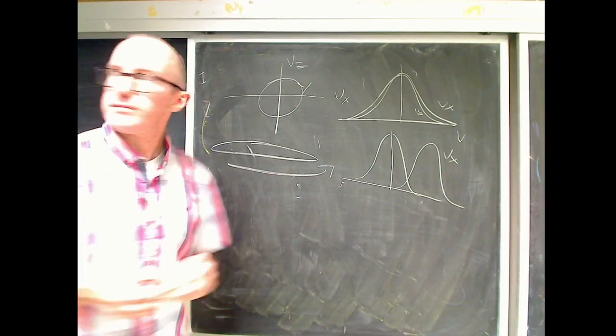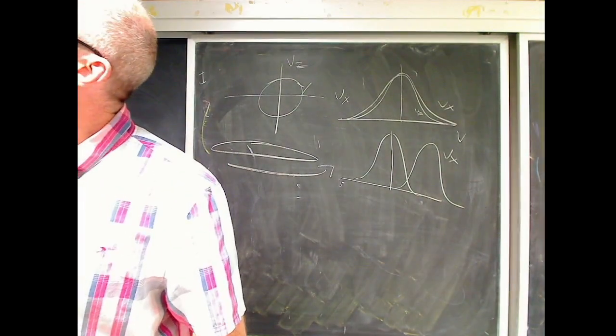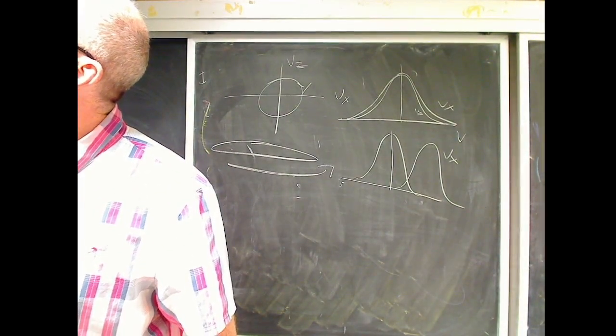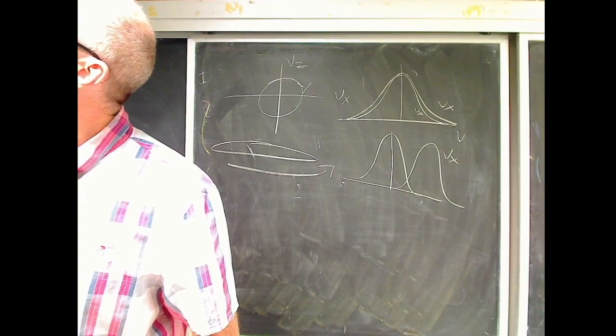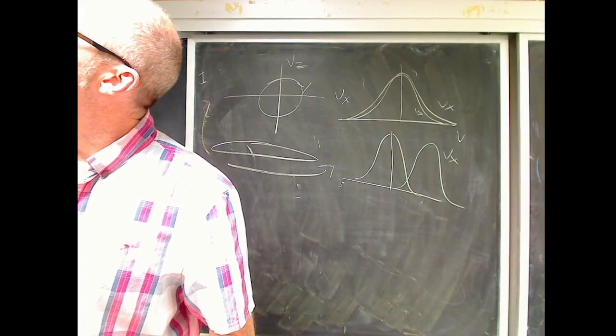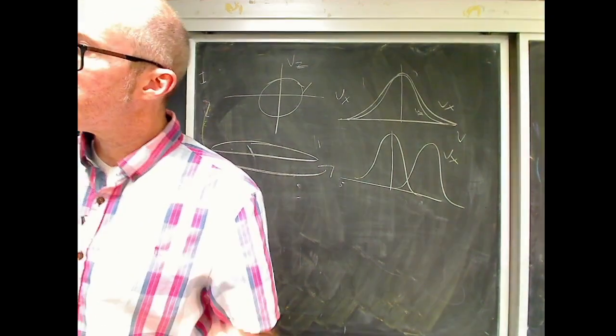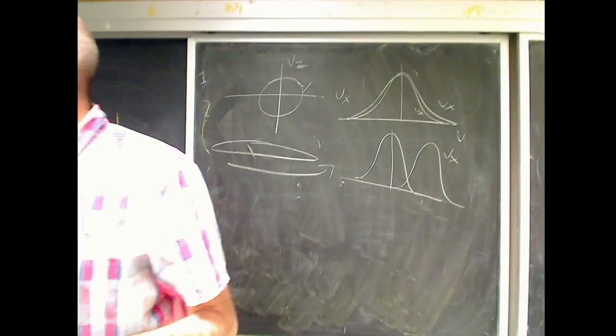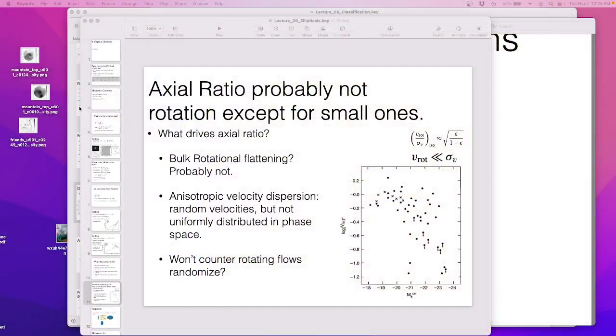So let's go back here. Here's the measurement that actually shows that elliptical galaxies aren't flat because they're rotating. They're flat because there's more velocity in one direction than another direction. Does that make sense?